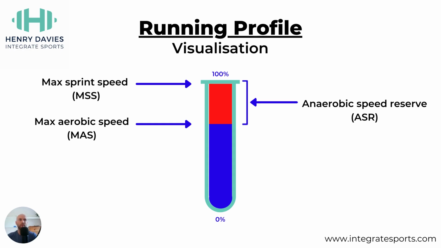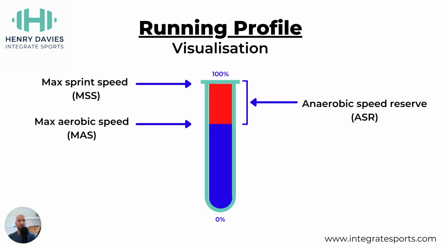The anaerobic speed reserve then, which is quite an important consideration, is the difference between these two things. So if someone's maximal sprint speed is very high relative to their maximal aerobic speed, then the anaerobic speed reserve is going to be very large, which means that they've got a large reserve to call upon. However, it's also important that someone's maximal aerobic speed is high as well.